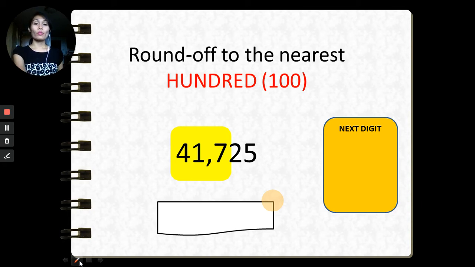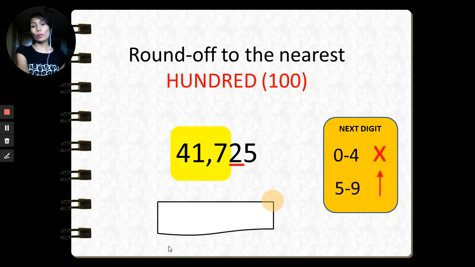But we have to decide also if we will add 1 or not to the 7, since 7 is in the hundreds place. Are we going to add 1 or just stay put to 7? In here, the next digit is 2, then that means you don't have to do anything with 7, because 0 to 4, that means stay.